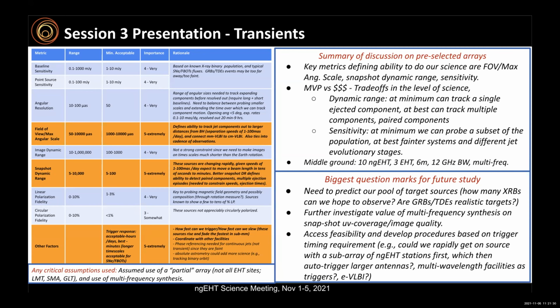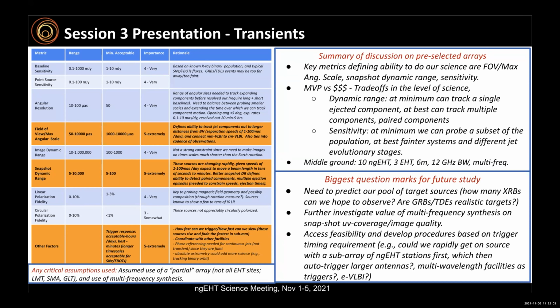For snapshot dynamic range, at minimum we could track a single ejected jet component, but at best we can track multiple components, paired components, like I discussed before, which is really important for getting more physics out of these observations. In terms of sensitivity, at minimum we can probe a subset of this transient population. At best, we get at fainter systems, and especially for X-ray binaries, we can get at different stages of jet evolution too.